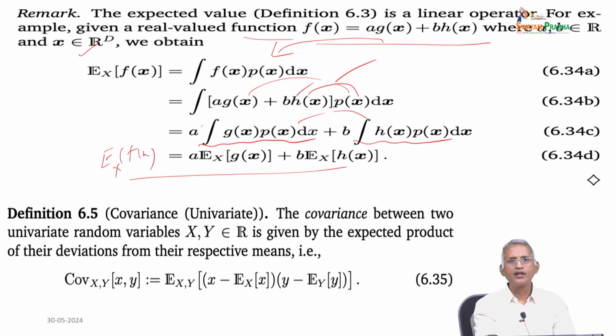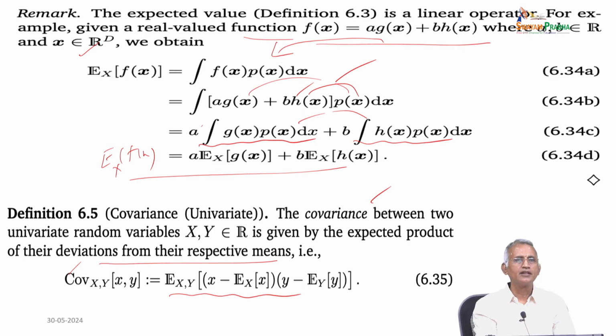So, next definition, the covariance of univariate. The covariance between two univariate random variables x, y in R is given by the expected product of their deviations from their respective means, that is, covariance of x comma y is equal to expectation of x minus E_X of x, into y minus E_Y of y.